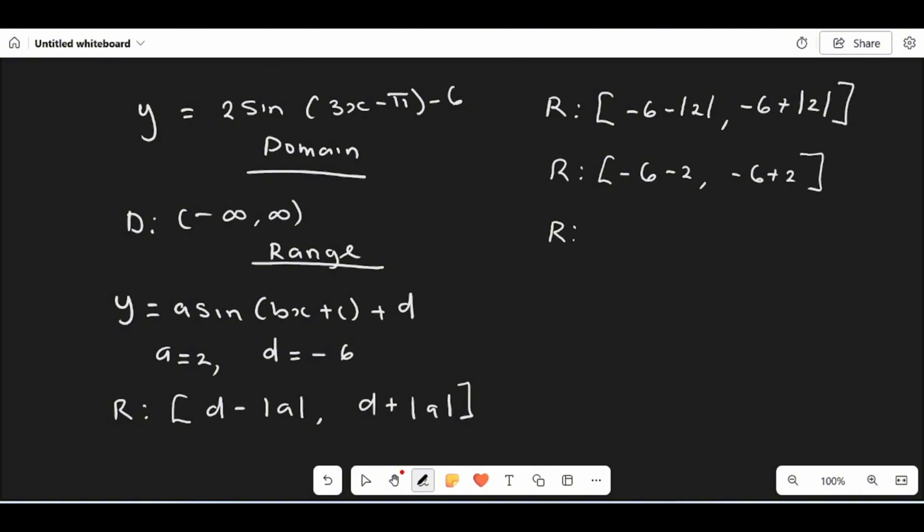And if we simplify this, we are going to have minus 8 and minus 4, which happens to be our range.